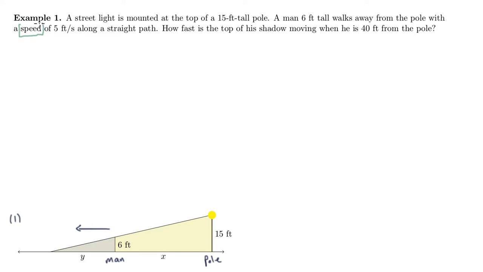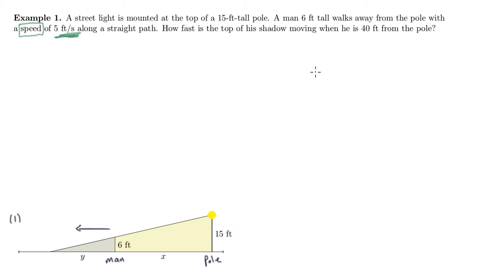It doesn't explicitly use rate, but we don't always use the same words. Speed is definitely a keyword that tells you there's a rate of change going on, especially with someone moving. You know they have a velocity, and velocity gives us a speed. This 5 feet per second is telling us a rate of change.